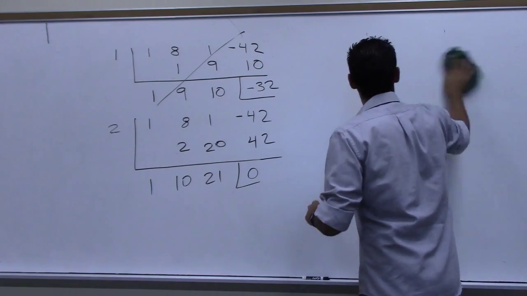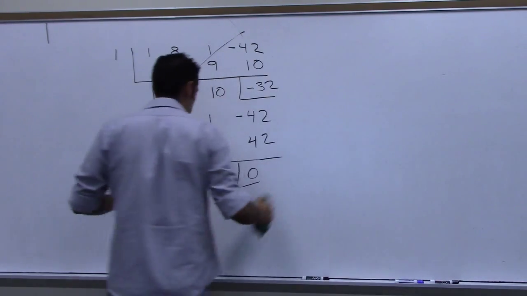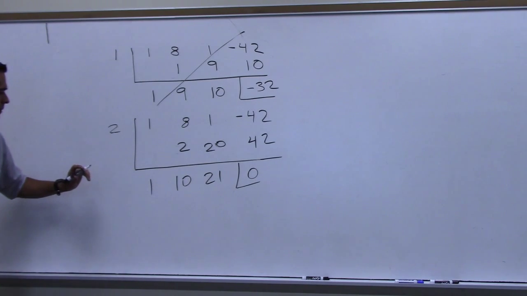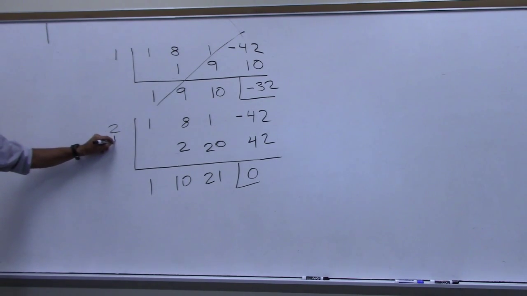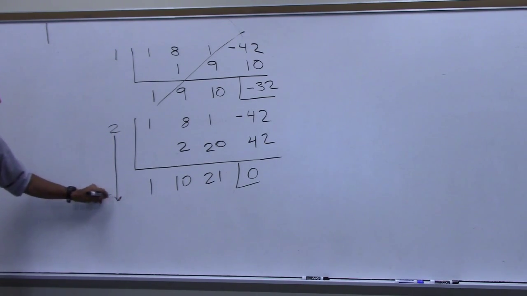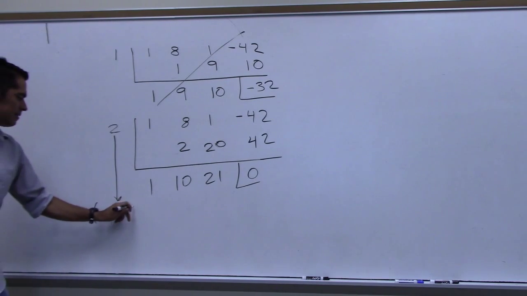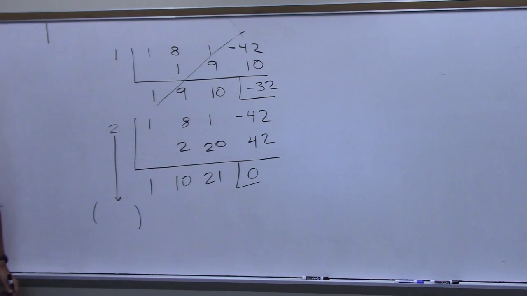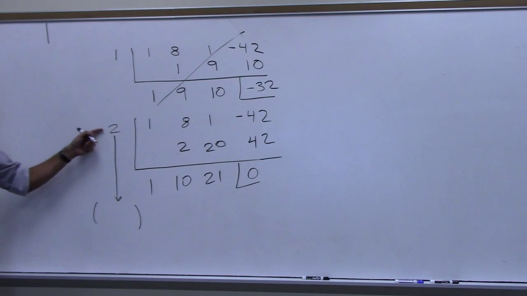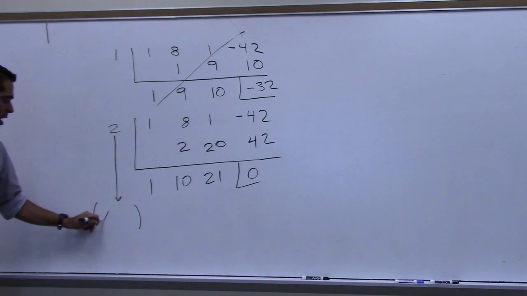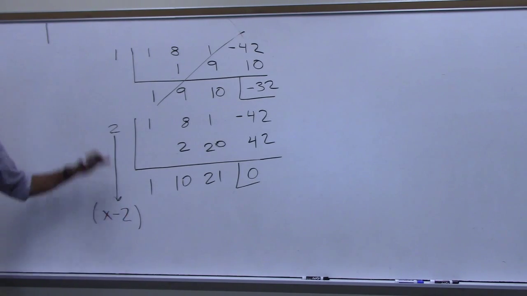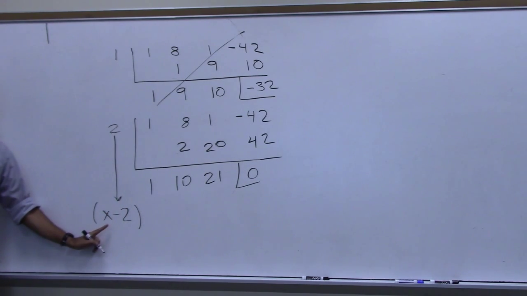When you get to a remainder of 0, anytime you do, I want you to take this 2 down, straight down, and create the factor that it came from. So what factor came from a positive 2 here? X minus 2, right? We know that came from x minus 2. With me? Because that's what it was.